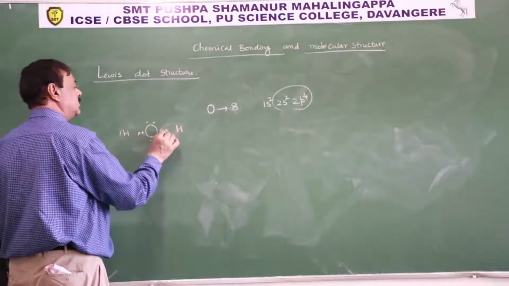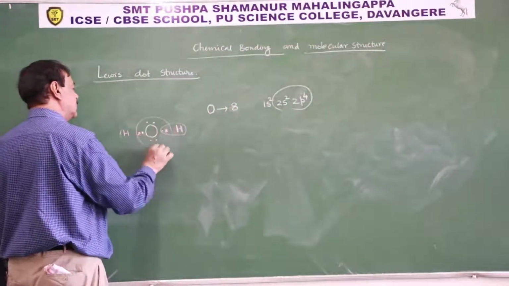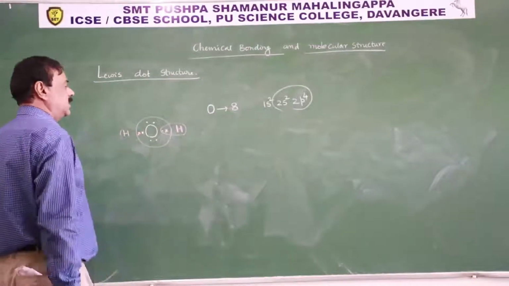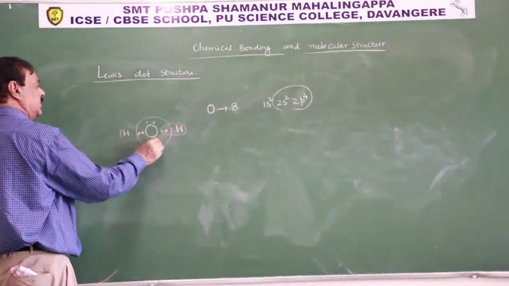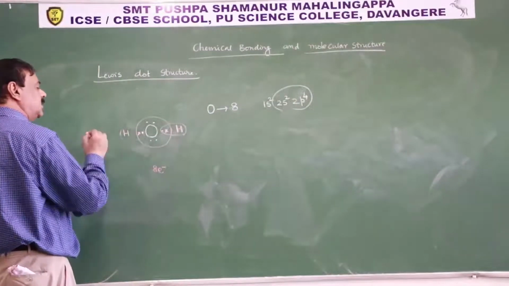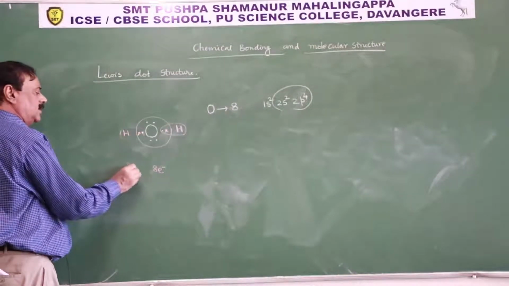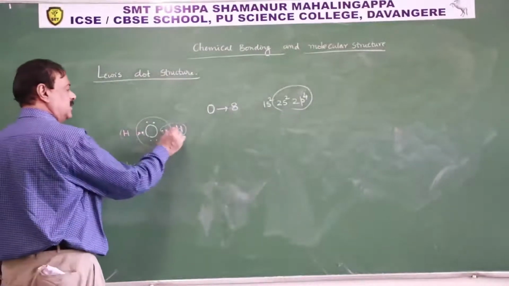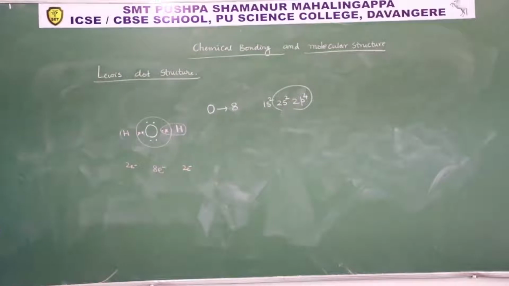Hydrogen forms an octet state. 1, 2, 3, 4, 5, 6, 7, 8 electrons are there. For hydrogen, 2 electrons are there, that is its stable state.